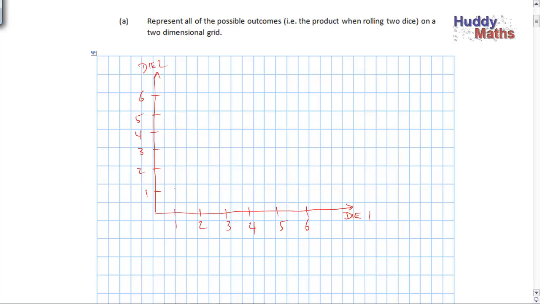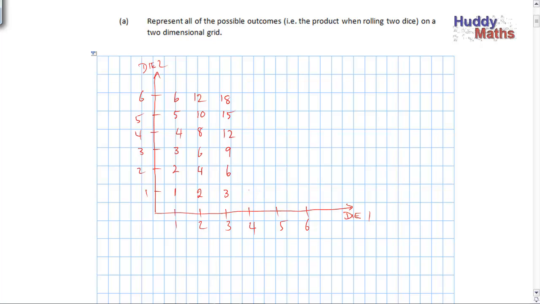So 1 times 1 is 1, 1 times 2 is 2, 1 times 3 is 3, 1 times 4 is 4, 1 times 5, 1 times 6. Then 2 times 1, 2 times 2, 2 times 3, 2 times 4, 2 times 5, 2 times 6. Then 3 ones, 3, 6, 9, 12, 15, 18.